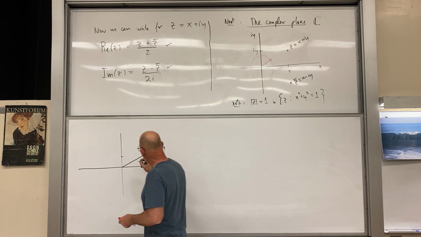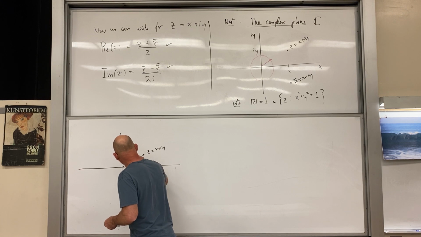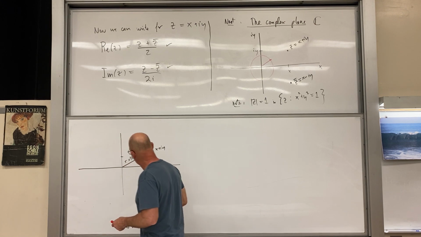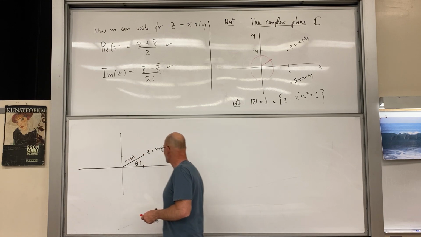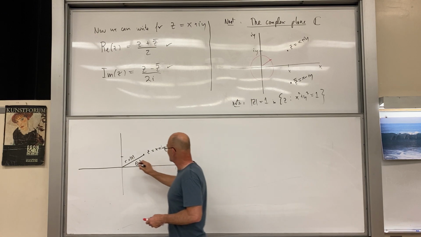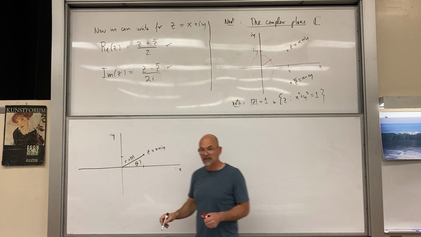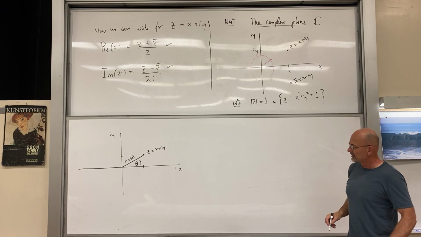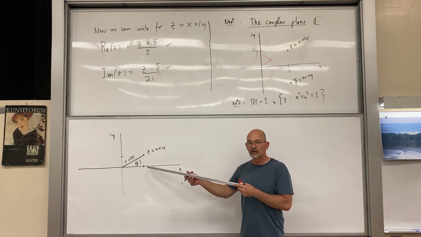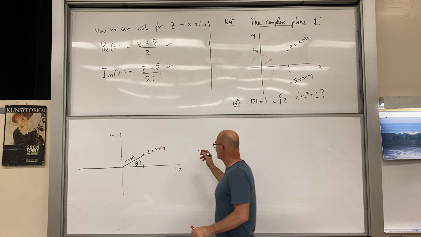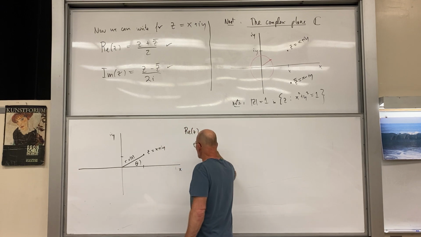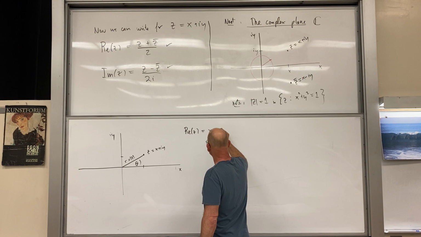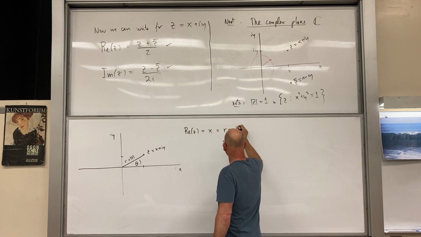I can introduce the magnitude, which I'm going to call r, and this angle theta. So now we have x and iy. We've seen polar coordinates before, and now we're just doing them with the complex numbers here. So in this case, the real part of z is equal to x, which is r cos theta.